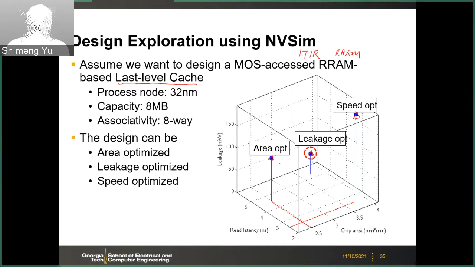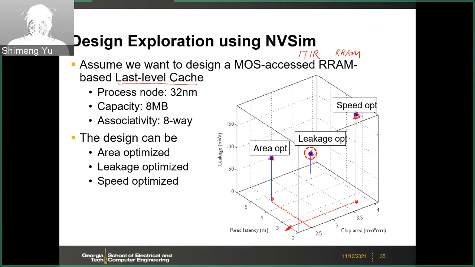For example, in this 3D space, the area optimized design gives you the smallest area, but the leakage might be high, and the speed optimized design trades off with larger area, but gives you the lowest read latency.